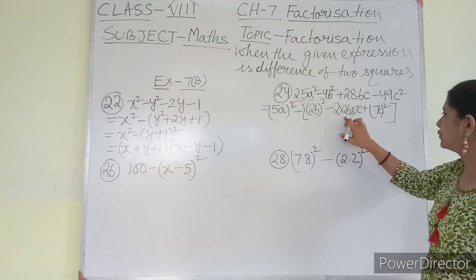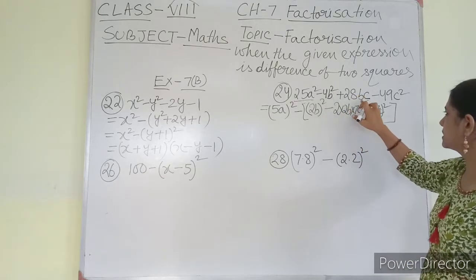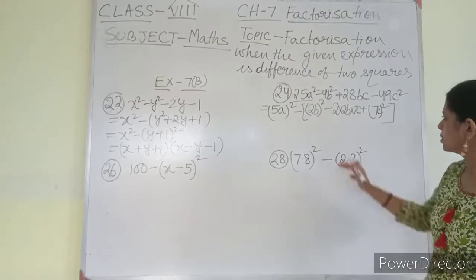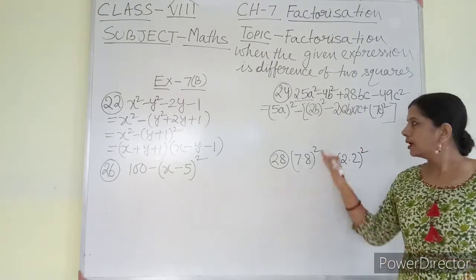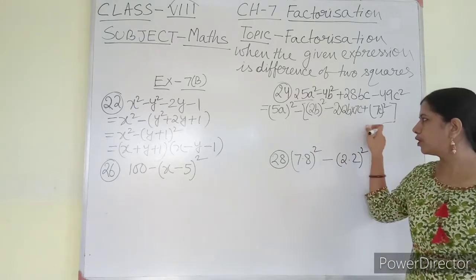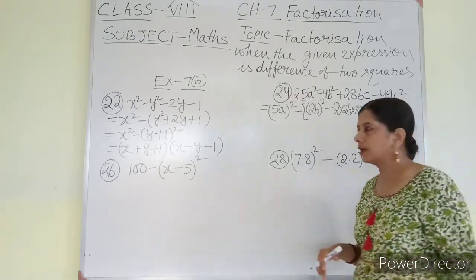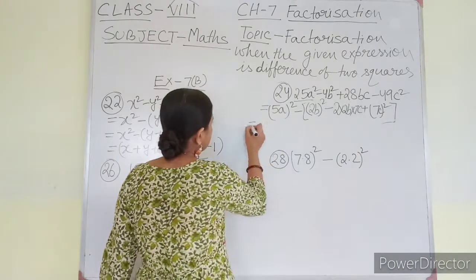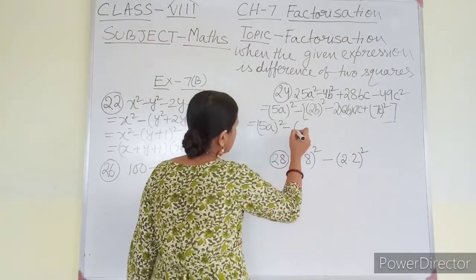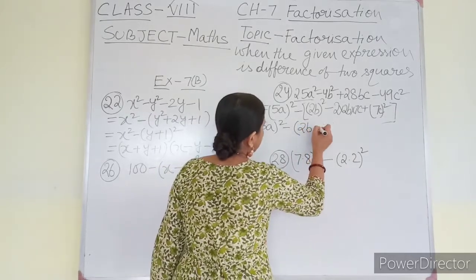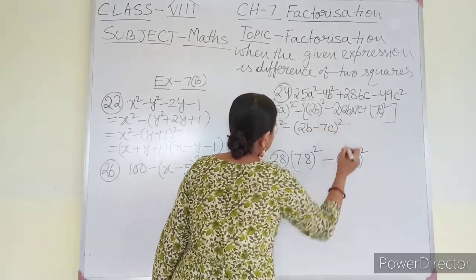That is 2 into 2, 4. 4 into 7, 28. 28b into c. So this is in the form of a minus b whole square. Can you find? This is in the form of a minus b whole square. So I am getting 5a whole square minus 2b minus 7c whole square.